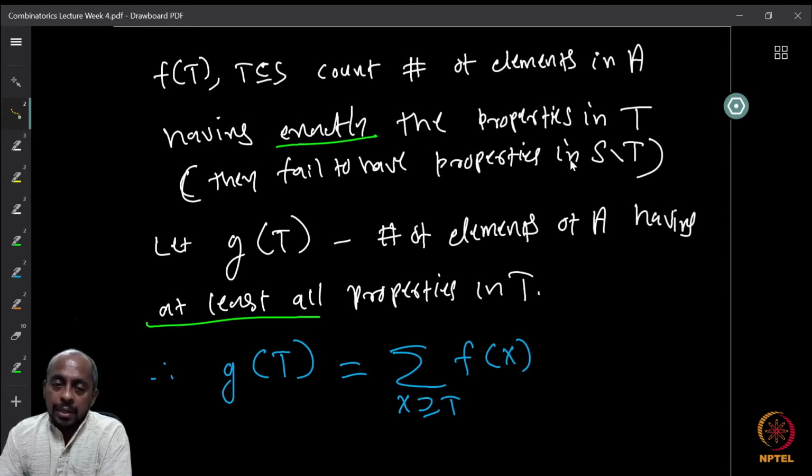So now one can immediately see that G of T can be expressed in terms of f very easily, right?